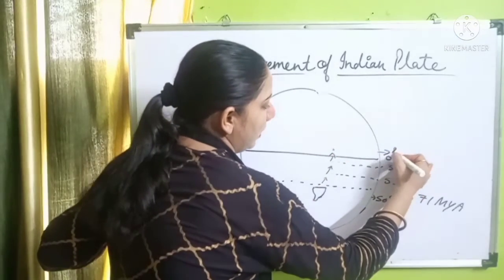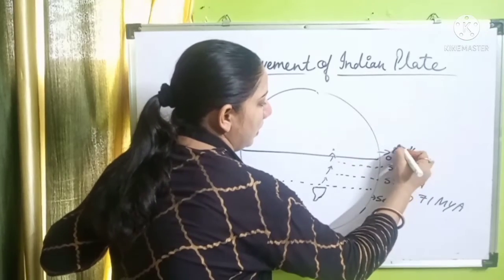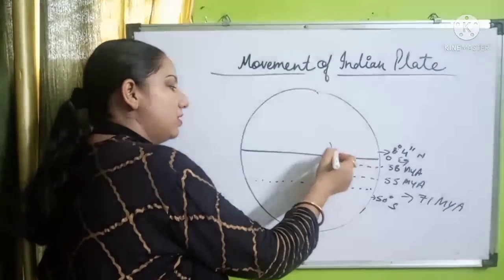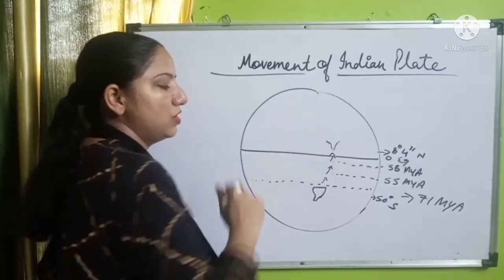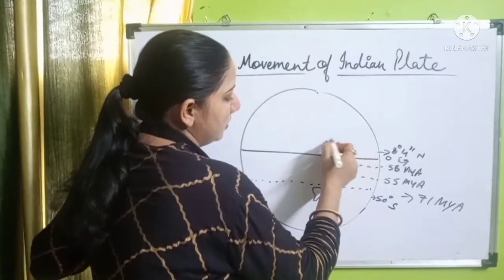India, the current position of our country, is around 8 degree 4 minute north. We have the position of our country which was shifted to the north with the Eurasian plate, and that is the Indian plate now.